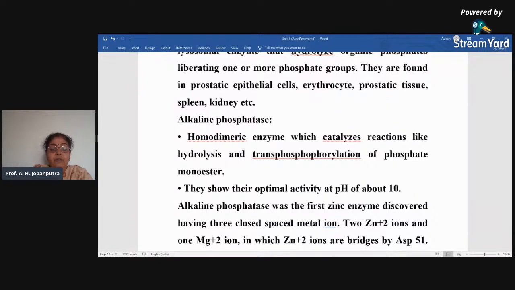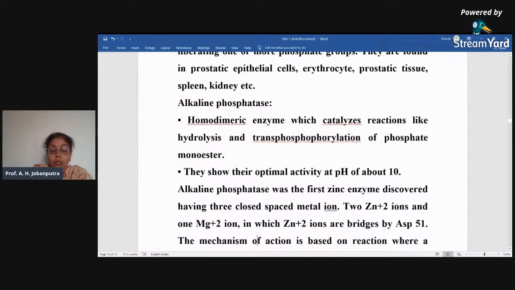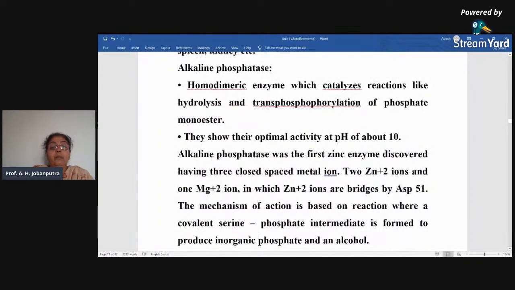Alkaline phosphatase was the first zinc enzyme discovered and it has three closely placed metal ions: two zinc ions and one magnesium ion.